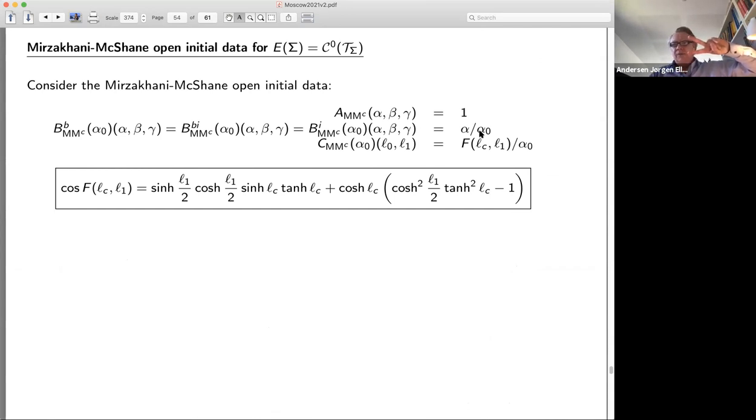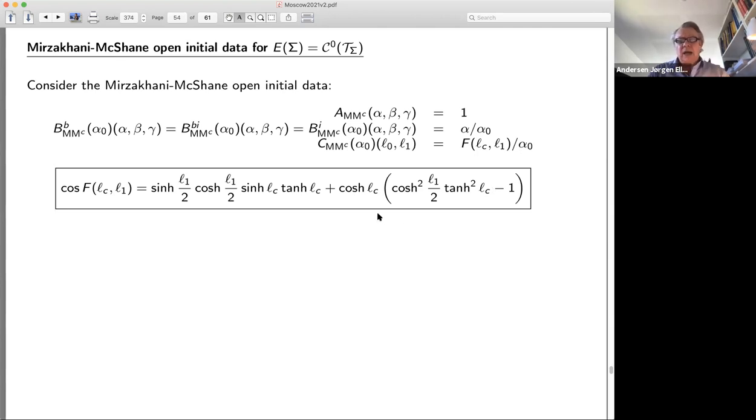Then you scale the vertex alpha by dividing it by alpha 0. And the most interesting one is the one you associate to a teardrop. That is some function F of LC and L1 divided by alpha 0.